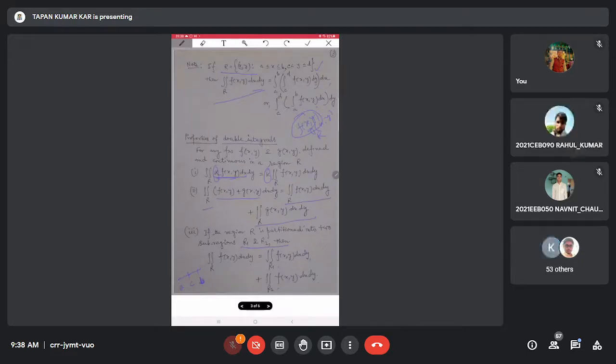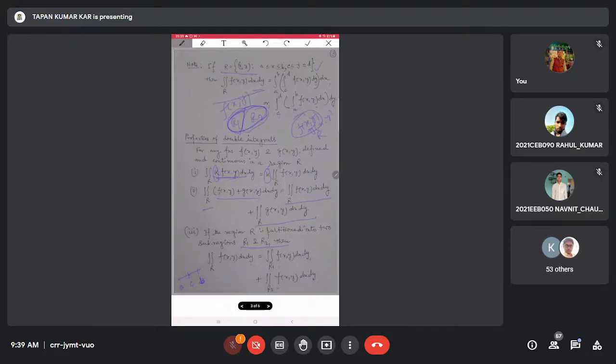Here also, if the region R is divided into two regions R1 and R2, then the integral of f(x,y) over R means the integral over R1 plus the integral over R2.